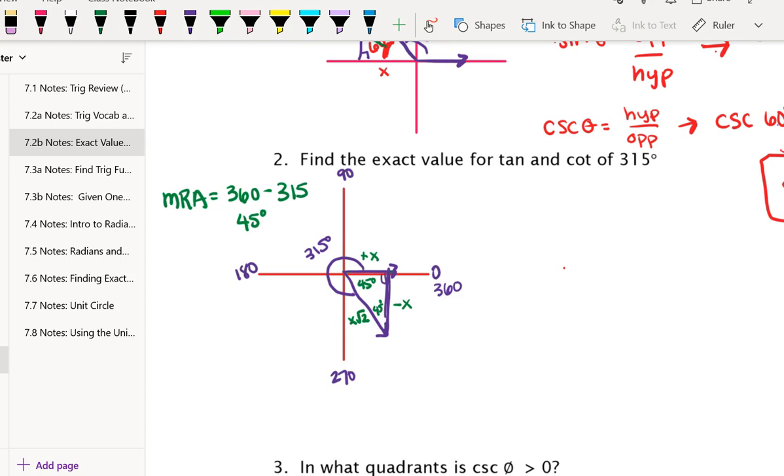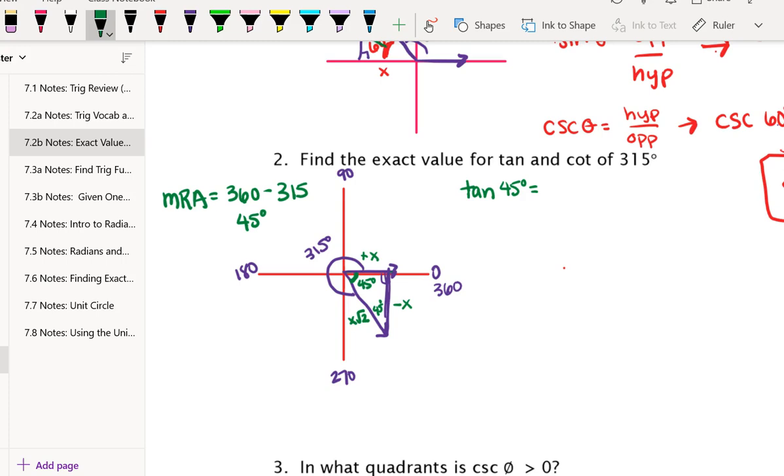So the radius is x root 2. So now we're referring to this angle here. That's my reference angle for the tangent of 45 or 315.